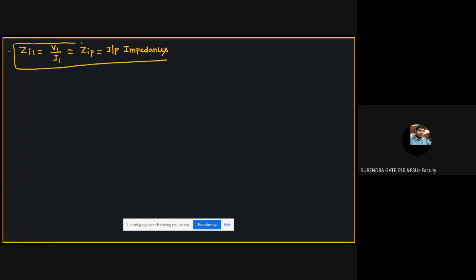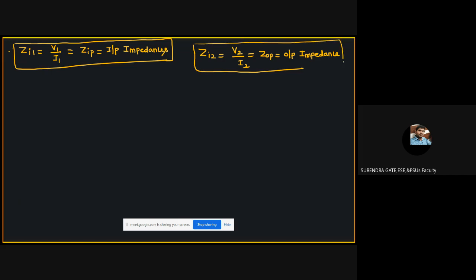What is Zi2, students? Zi2 is defined as V2 by I2. What is this V2 by I2 called? Output impedance, which I already defined. So Zi2 is the output impedance.